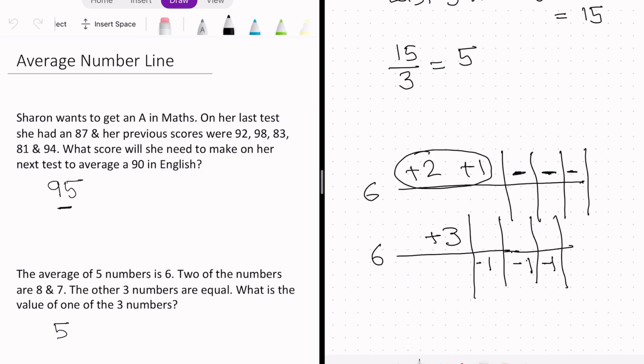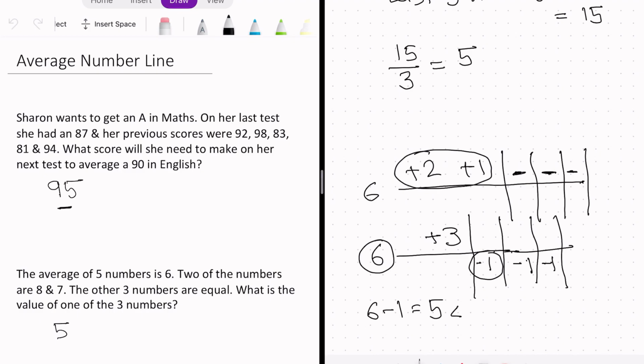So from the average, we have to do this calculation to find out what the number would be. So this is the solution that you get.